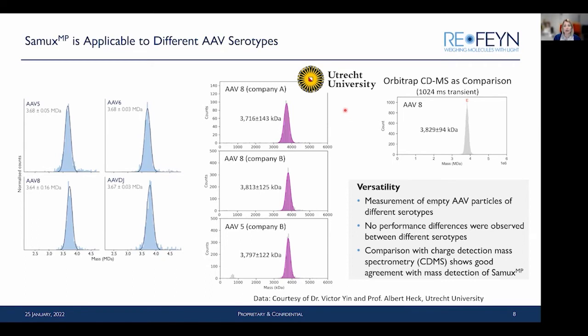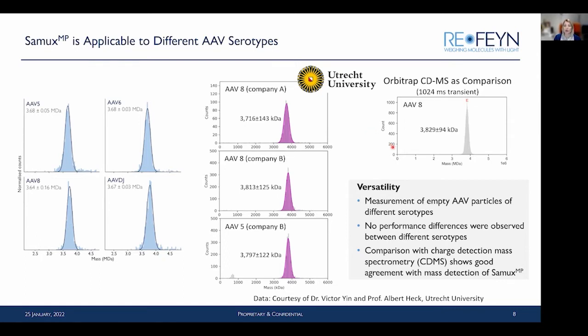Another partner of ours, the Utrecht University in the Netherlands, did a very similar experiment where they used 2 different AAV8s from 2 different suppliers and also an AAV5, and they saw the same result, that there's no difference between different serotypes. But maybe even more interestingly, the lab of Professor Albert Heck, they are experts in charge detection mass spectroscopy.